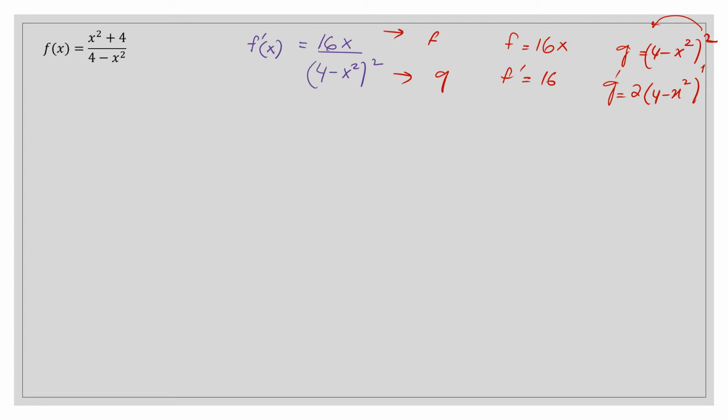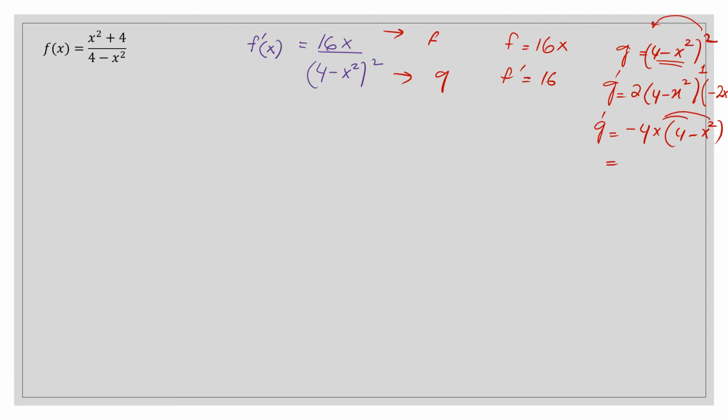We don't write the power 1. Then the derivative of the inner function is negative 2x. Rather than writing this messy thing, just simplify it: 2 times negative 2x gives you negative 4x, and 4 minus x squared stays as it is.